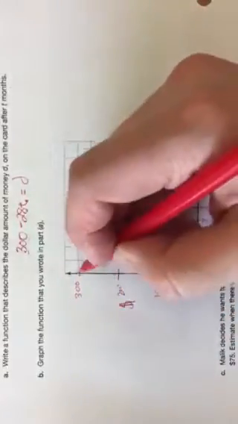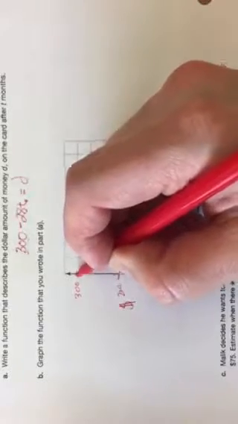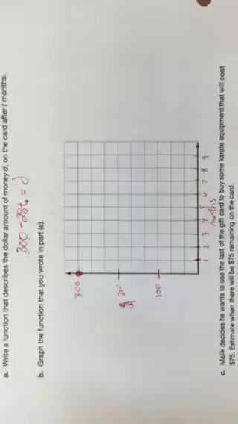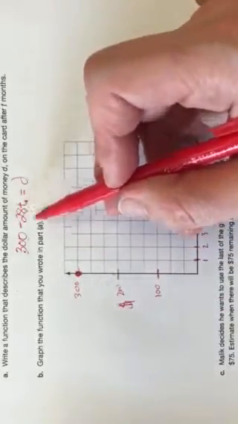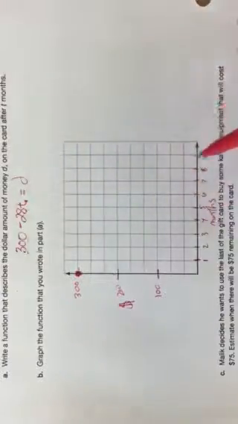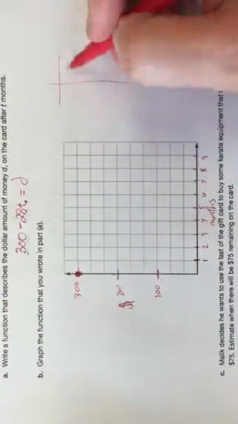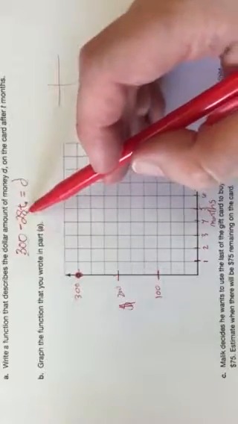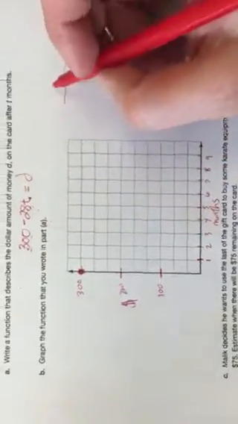So we know that we start here at 300, right? At 0 months, we're starting at 300. But we need to go down by $28 every month. So I actually think a table will help me know what points to plot from here because this isn't an easy amount to plot. It's not very even.